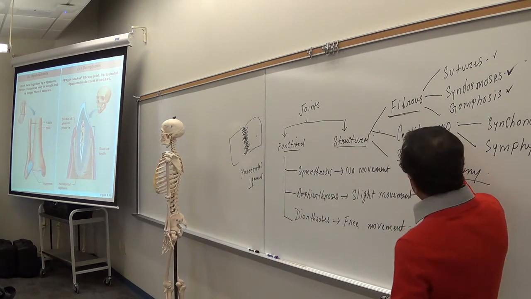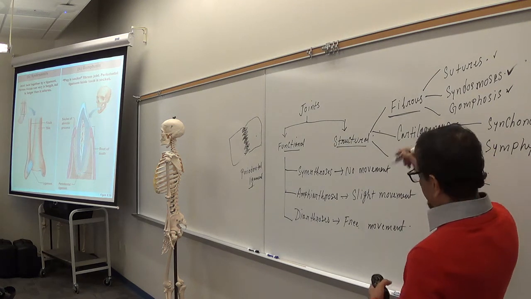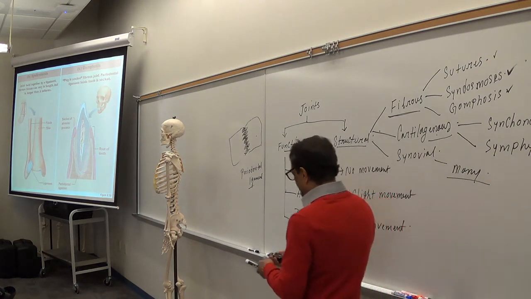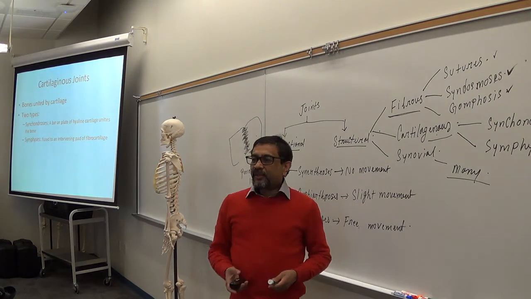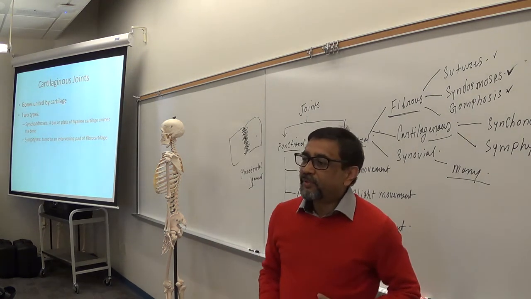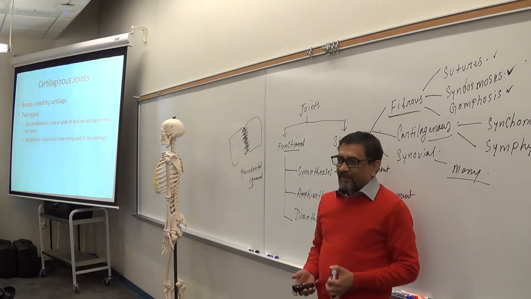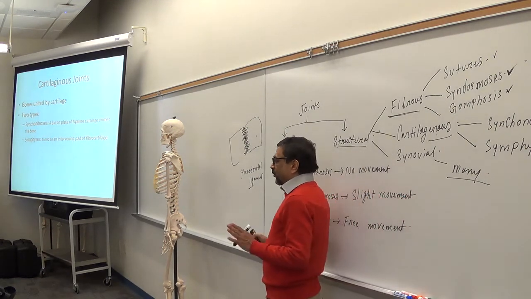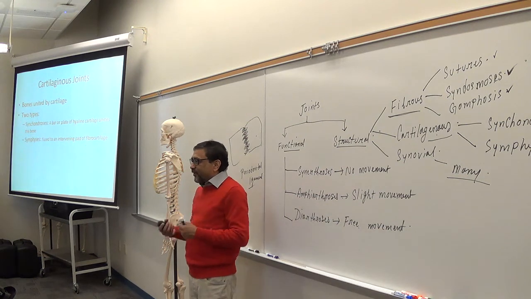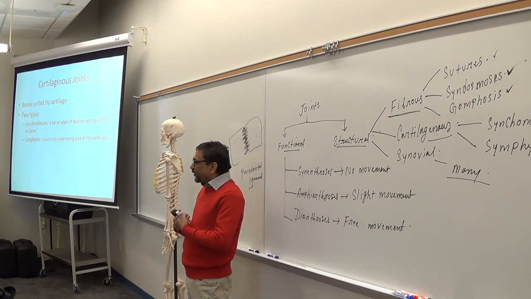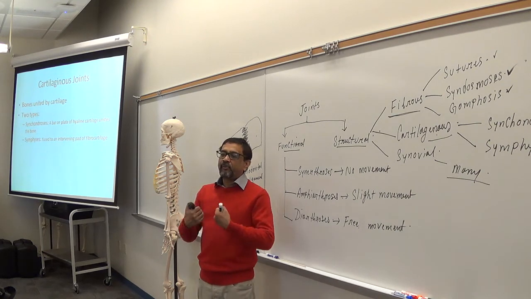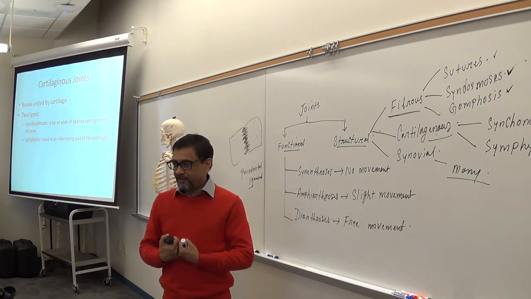Okay. Then cartilaginous type structure. Synchondrosis and symphysis. Very simple. Both are cartilaginous, that means the bones are attached by cartilage, but in synchondrosis, the bones are attached by hyaline cartilage.